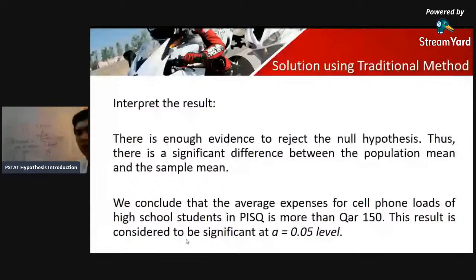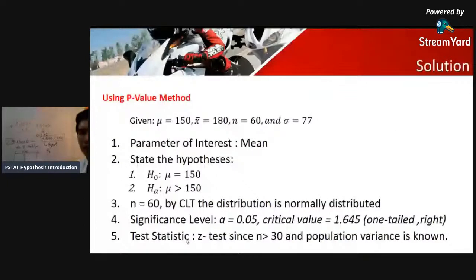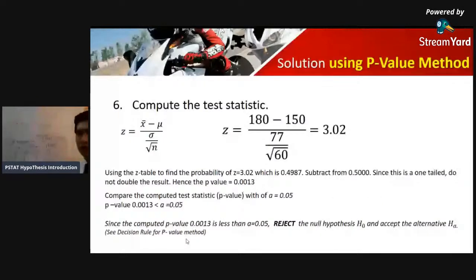Okay? So here's the p-value, same thing. So for 3.02, 0.5000 minus 0.4987. Again, if the z value is more than 3, as you can see at the bottom of the table, there is a constant value. So you use that constant value if your computed z value is beyond 3 or greater than 3.